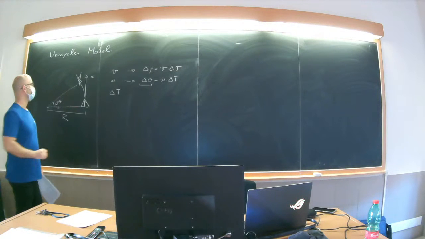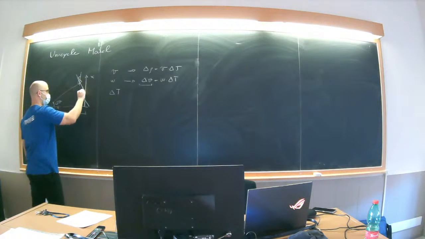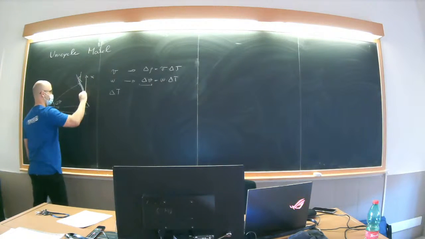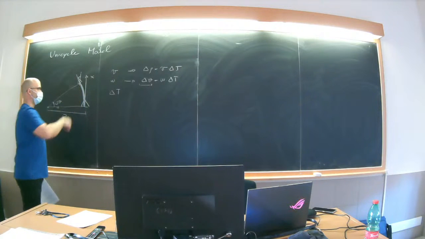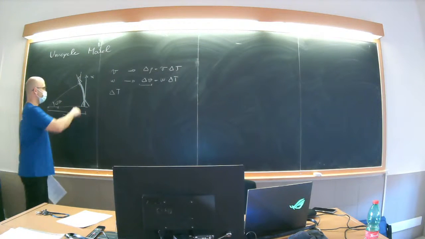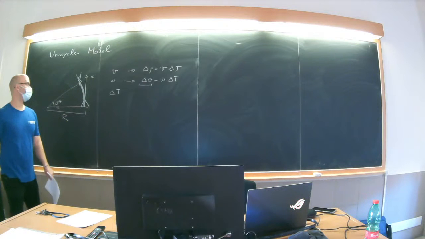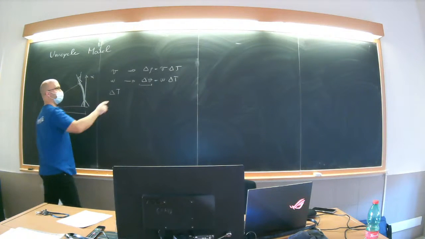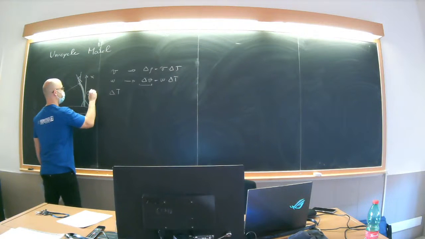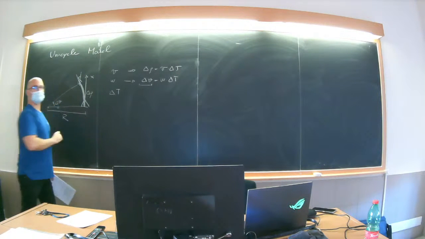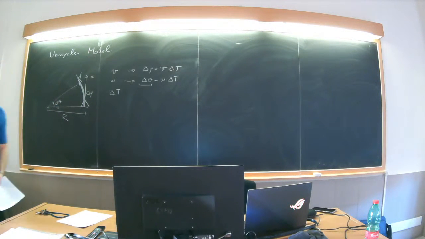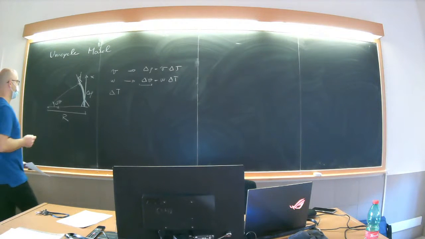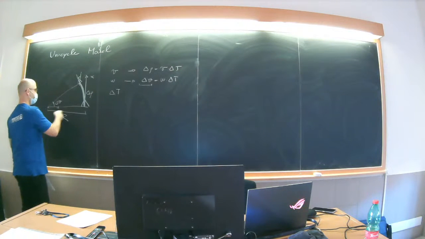We can say that this part over here, this arc of a circle, which is the linear distance traveled by the robot, is delta rho. Understood? Okay, now I have the radius, I have an angle, and I have a linear displacement.